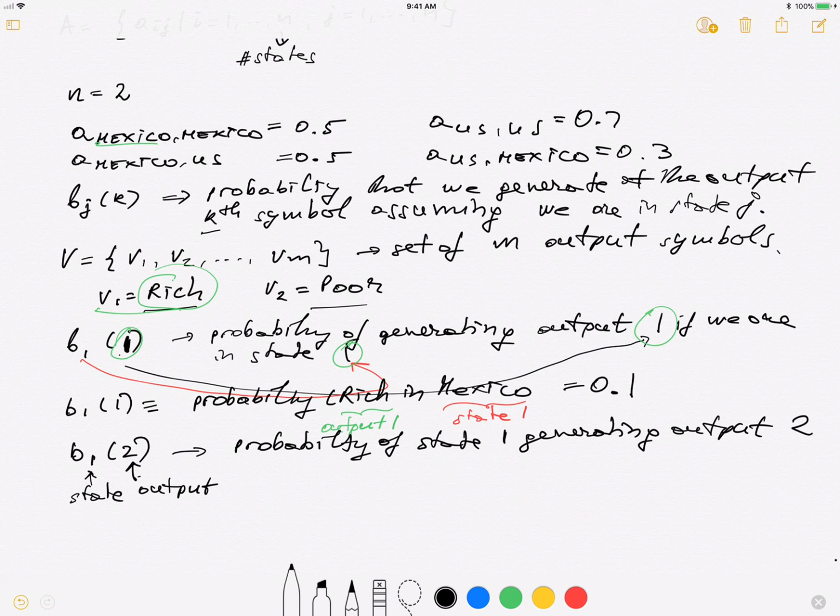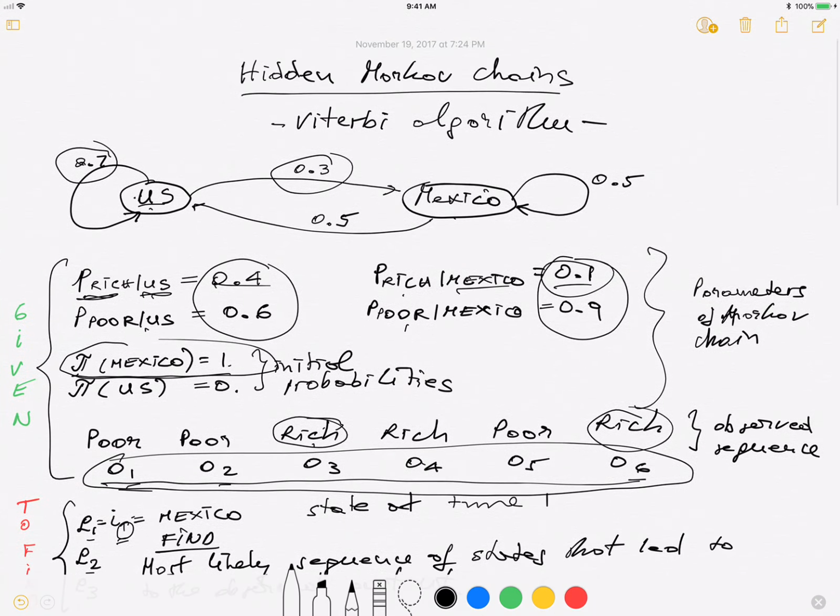Translation: state 1 is Mexico, right? Output 2, well, since output 1 was rich, output 2 is poor. So the probability of being in Mexico and poor is 0.9.